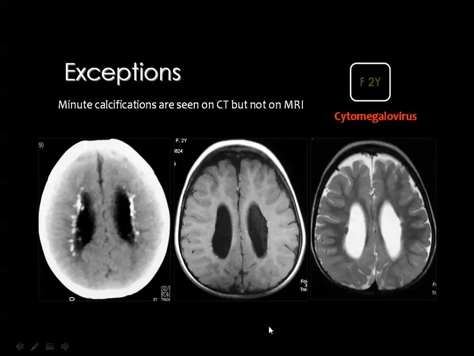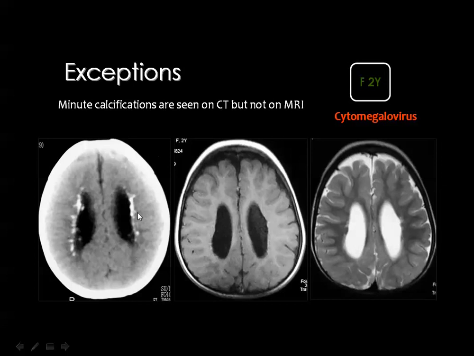But there are so many exceptions for the appearances of calcium in MR imaging, including that minute calcifications are seen only on CT scan but are not well delineated by MRI.